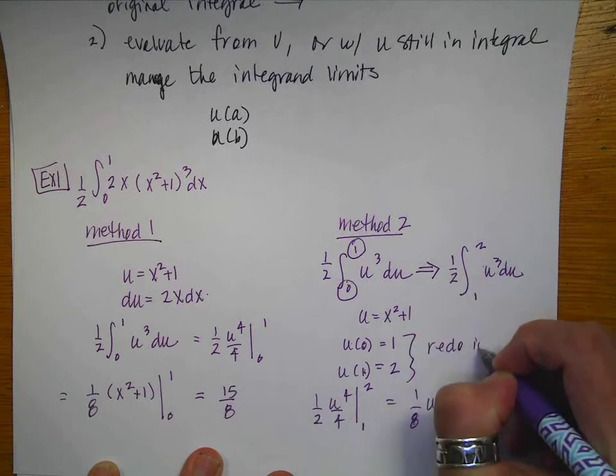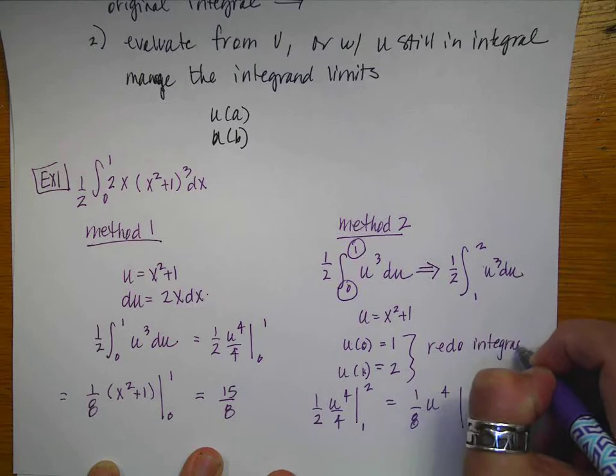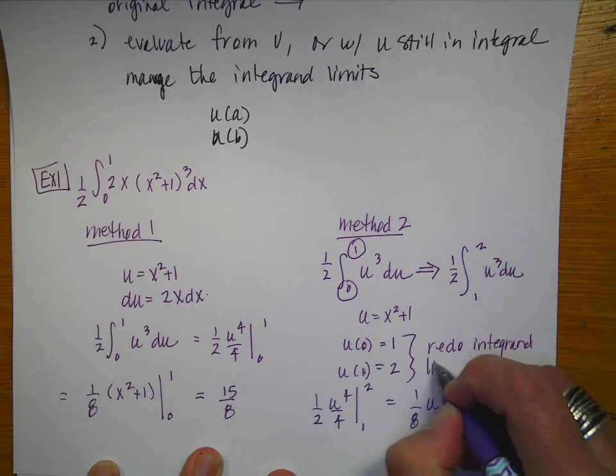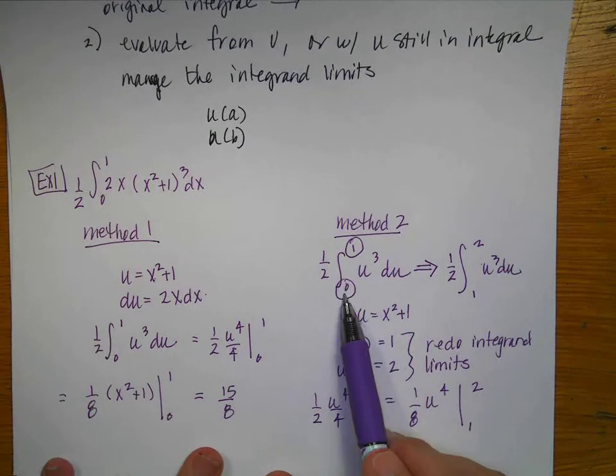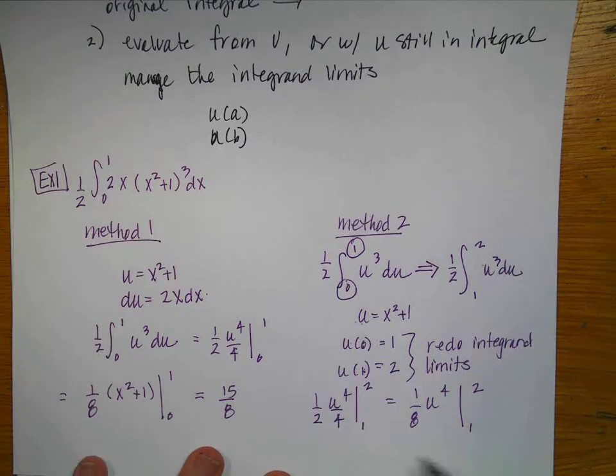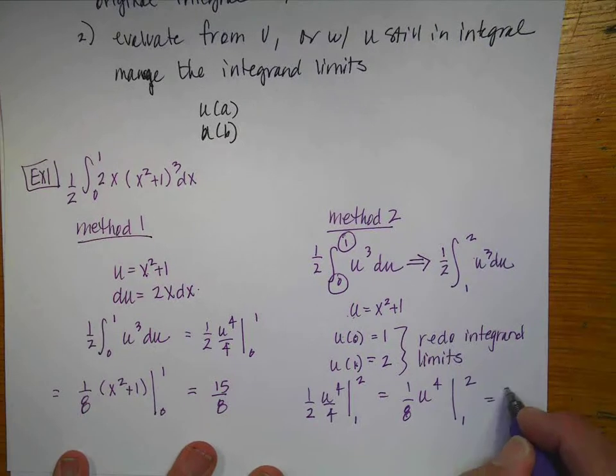I just do that by evaluating the u at the original integrand limits, and then I can still get the same problem. And when you do this math, you get the same answer, okay?